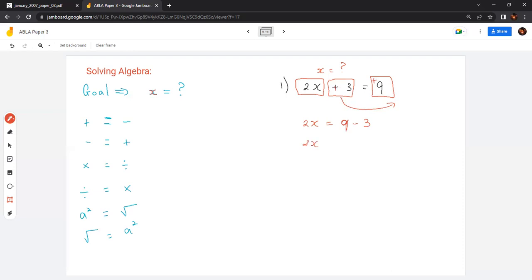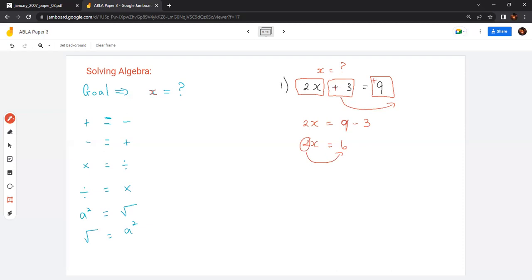So you solve, so 9 take away 3, that's 6. But I want x alone. Remember, your goal is to get x alone. So I'm going to bring across the 2. But remember, anytime you have a letter attached to a number, it's understood that they are multiplying.